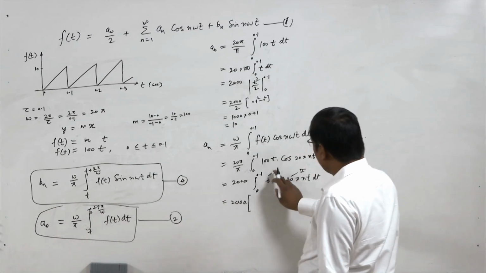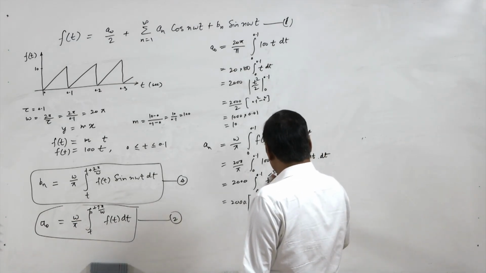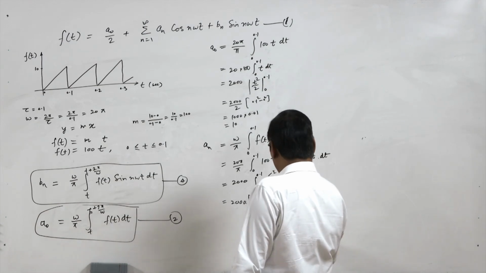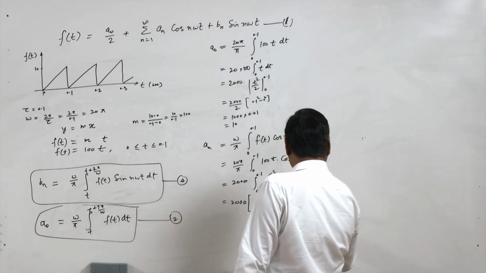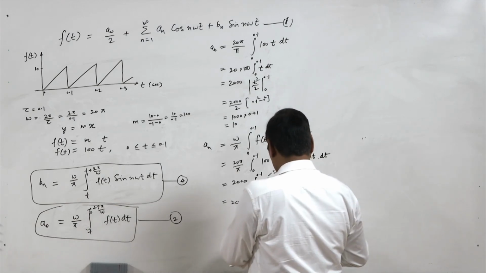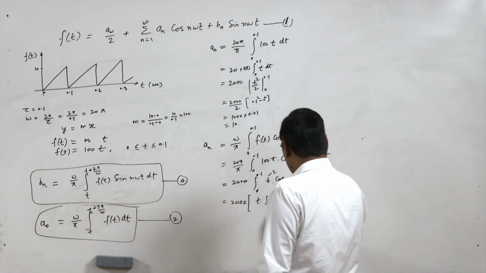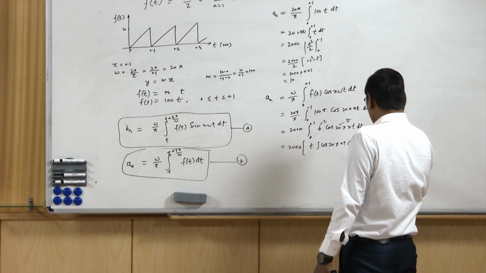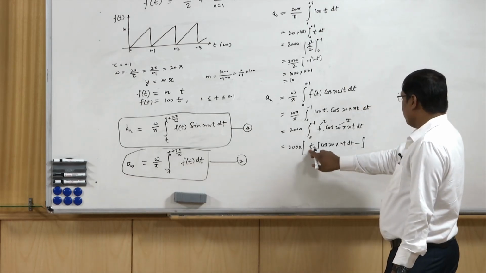The formula we apply is: first function into integral of the second function, which is cos 20 pi n t dt, minus integral of the differential of the first function.